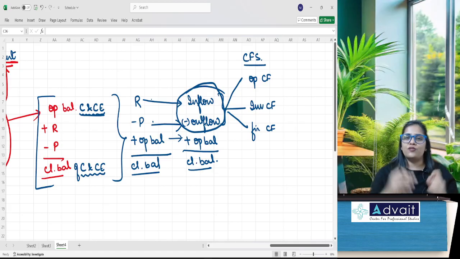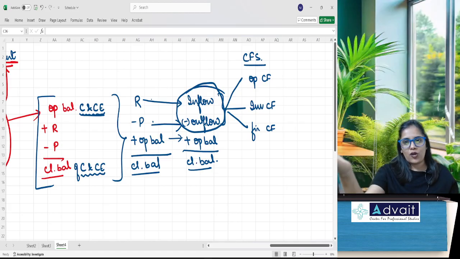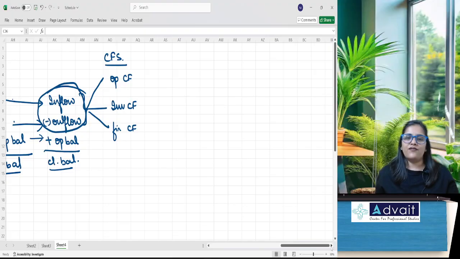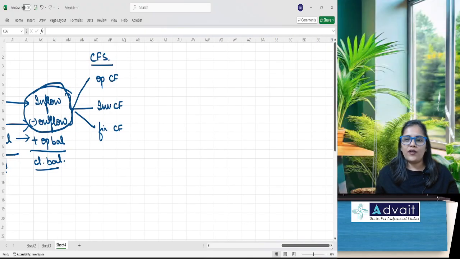So each item will come under either operating, investing, or financing.